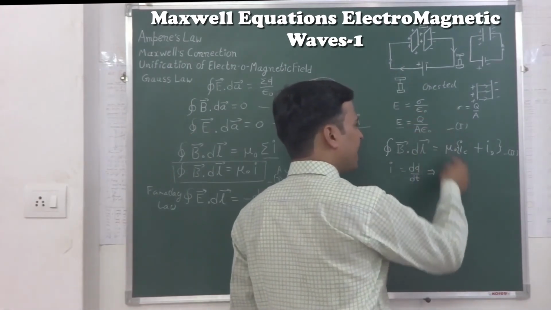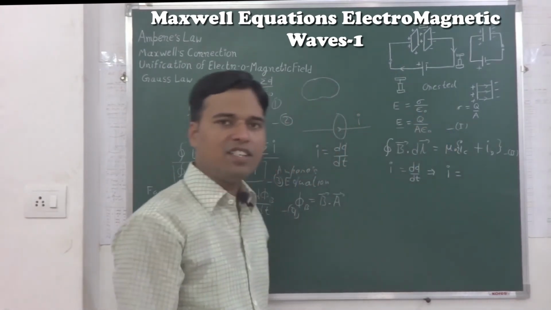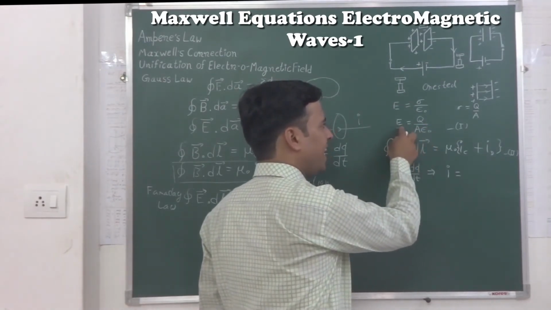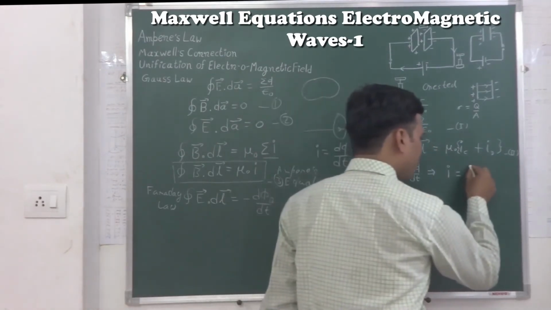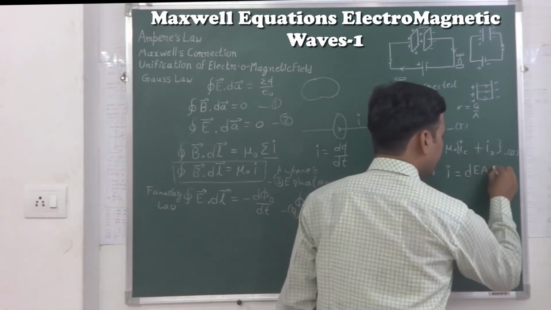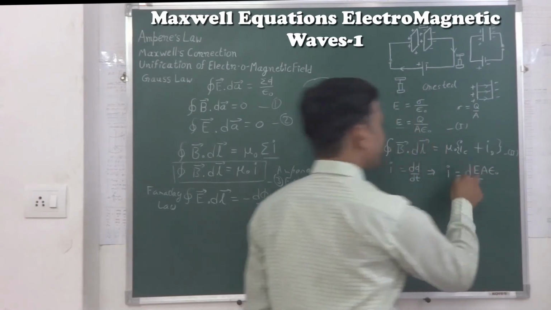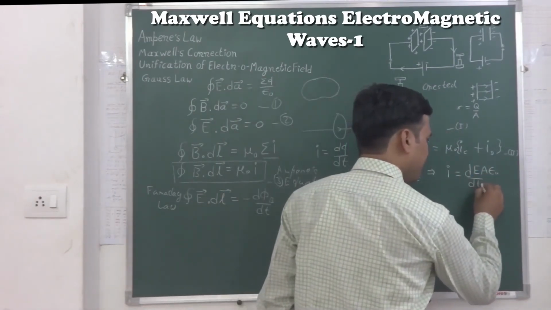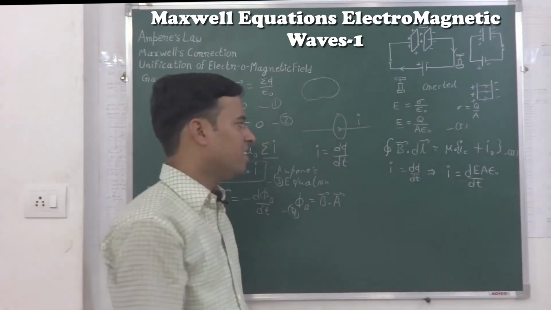So get the expression of charge from here. The Q is E A epsilon naught, write it from the equation 1. This is divided by dt.